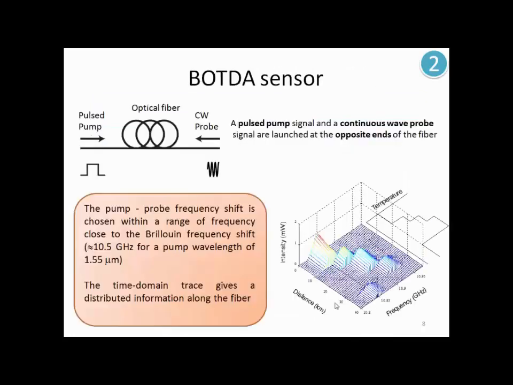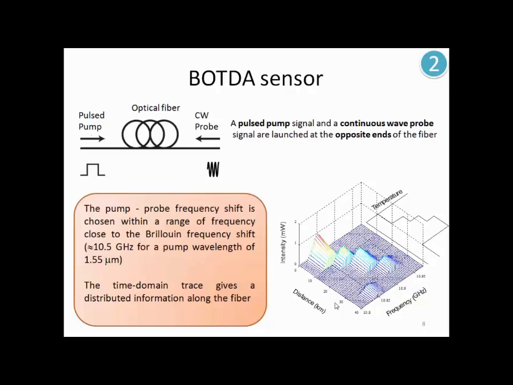There are different kinds of Brillouin sensors, but here we are going to explain some details about the Brillouin Optical Time Domain Analysis sensor. Here we use a pulsed pump signal and a counterpropagating continuous wave in order to achieve an interaction in the optical fiber. And if we measure this interaction in the time domain, we could obtain distributed information along the fiber.